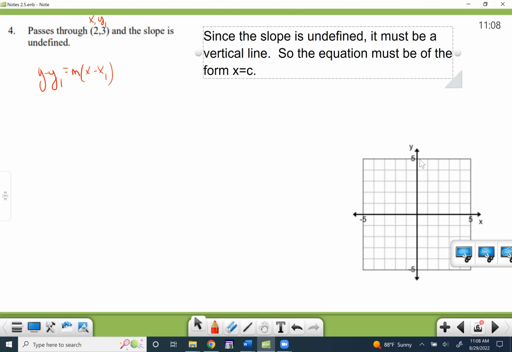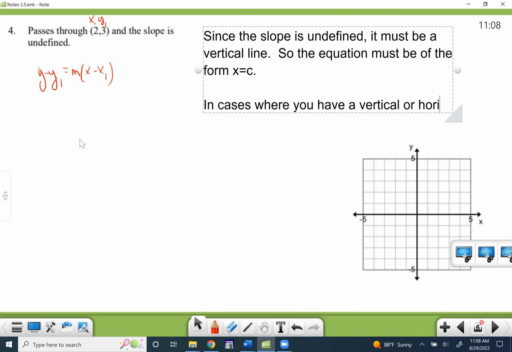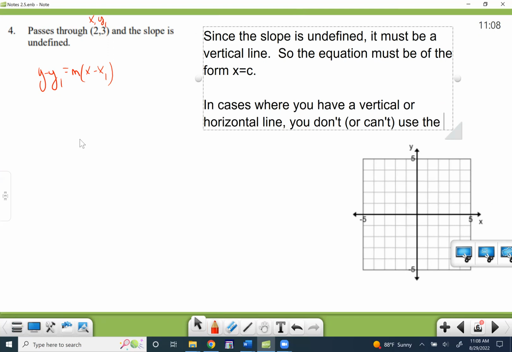Okay. In cases like this, when you have a vertical or a horizontal line, you might not even need to use the point slope formula. Sometimes you can't use the point slope formula.